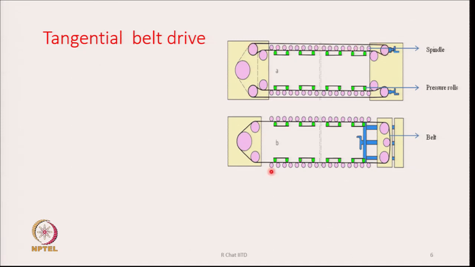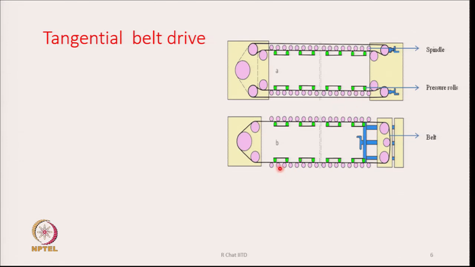These small circles are indicating the whorls, and the green ones are the pressure rolls. They are pressing the belt and ensuring proper contact between the spindle whorl and the tape.